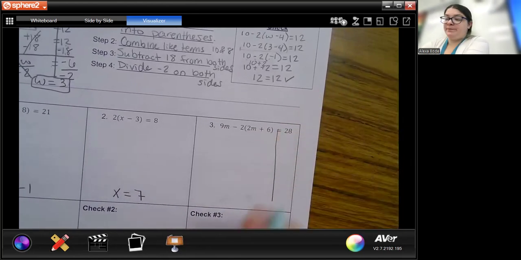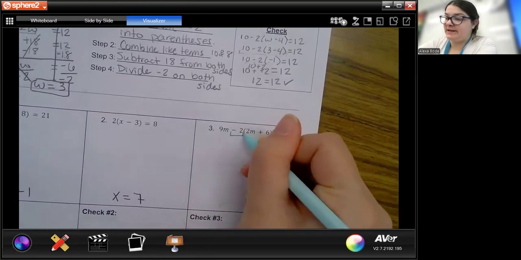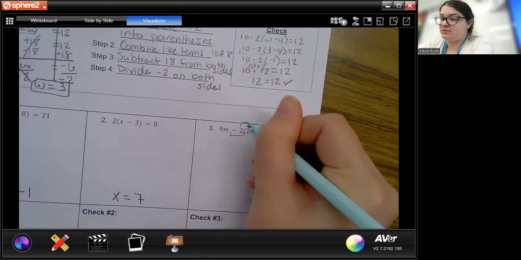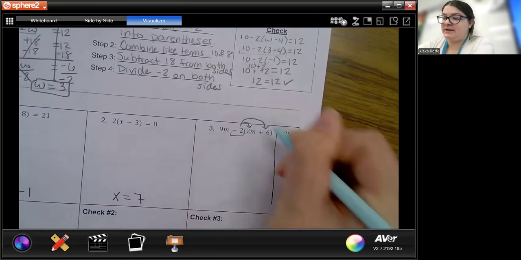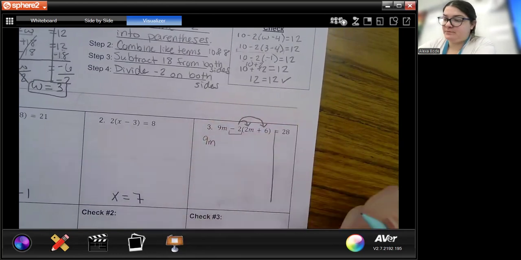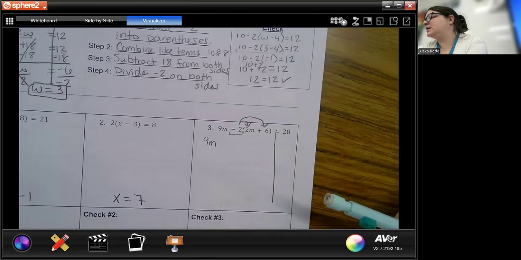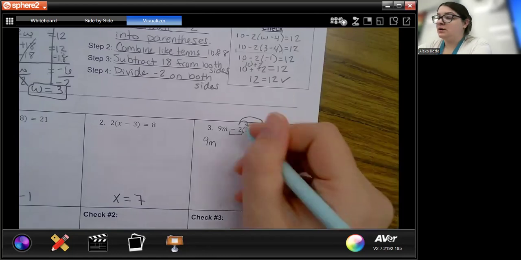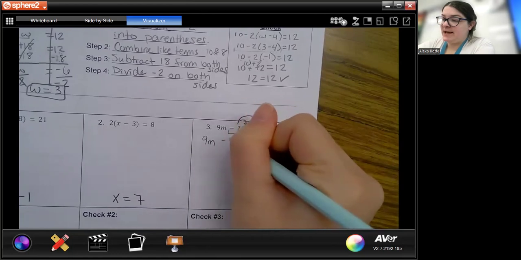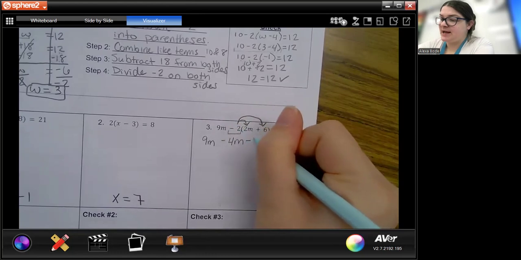Okay, so our first step is to distribute. I'm distributing this -2 into the parentheses. So -2 goes to the 2m and -2 goes to the 6. So I get 9m, and then -2 times 2m would be -4m. -2 times 6 would be -12.